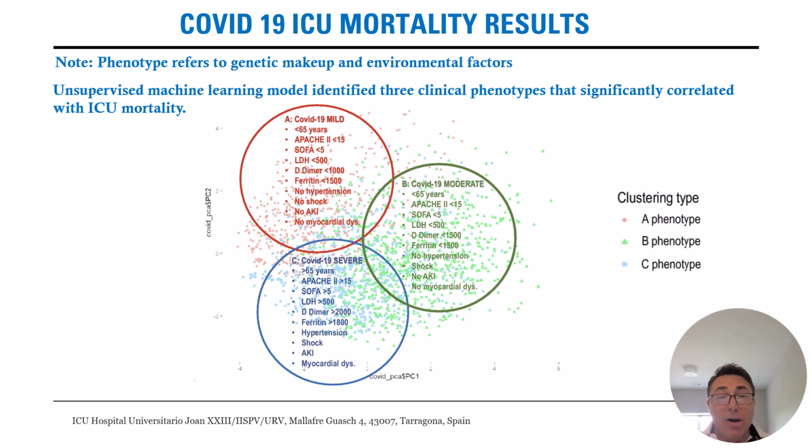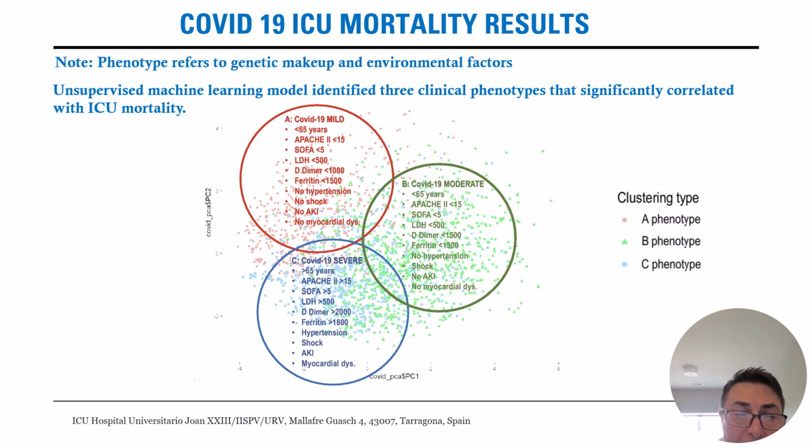Here we see three groups actually. We see a mild one up here in the red, a moderate one here in the green, and a severe one in the blue. So if I'm looking at these clusters, let me see what's going on.